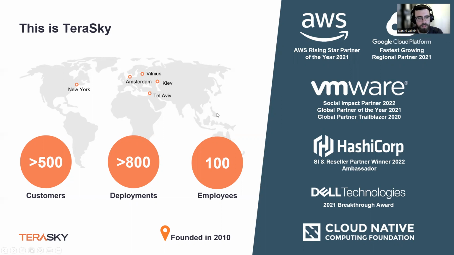We have more than 500 customers, a lot of deployments for our customers, more than 800 as you see here, and more than 100 employees now across all the branches. We also won a few awards from AWS, HashiCorp, Google Cloud, Dell Technologies, and so on. I will not focus on that because this is not why we came here. And of course, I forgot to say that we were founded in 2008.